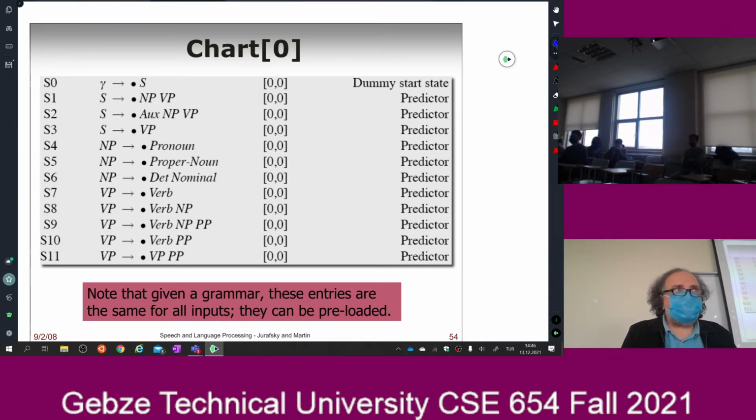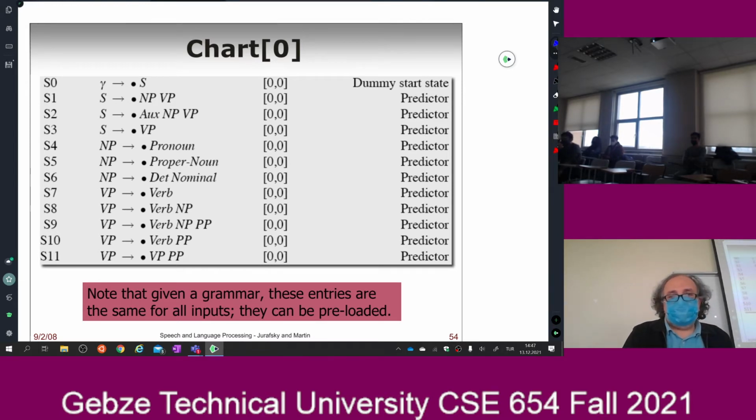So remember what was the definition of top-down? Top-down expects something. I am expecting an S to occur. If you are expecting an S to occur, it is either this one or this one or this one. So I am expecting 3 of them. If noun phrase is expected, then I have to expect all of them. If verb phrase is expected, I am expecting all of them. If auxiliary is expected, I am expecting all kinds of auxiliaries.